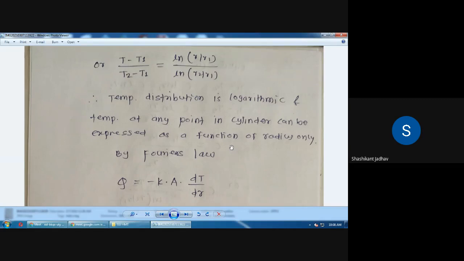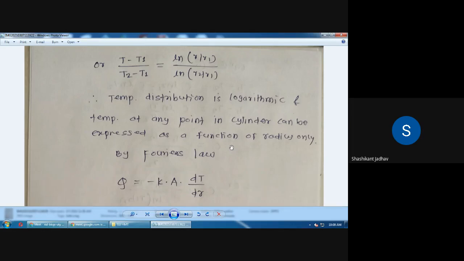Therefore temperature distribution is logarithmic, and temperature at any point in cylinder can be expressed as a function of radius only.